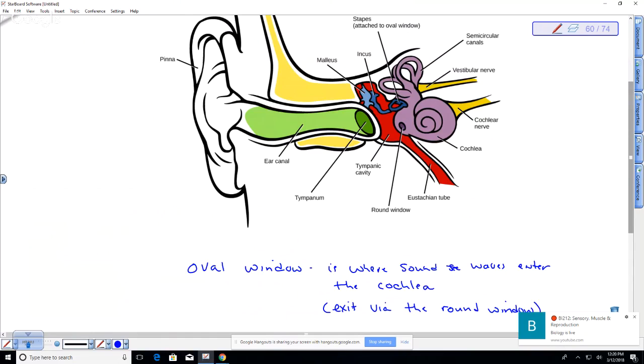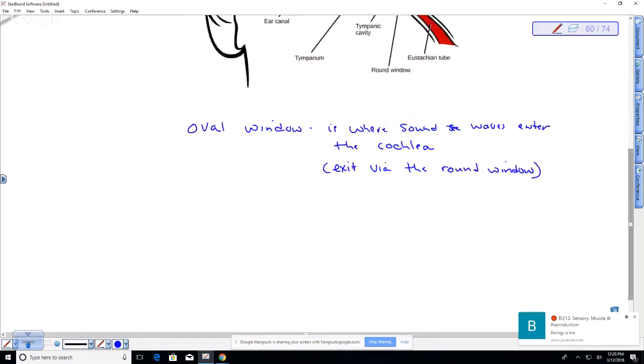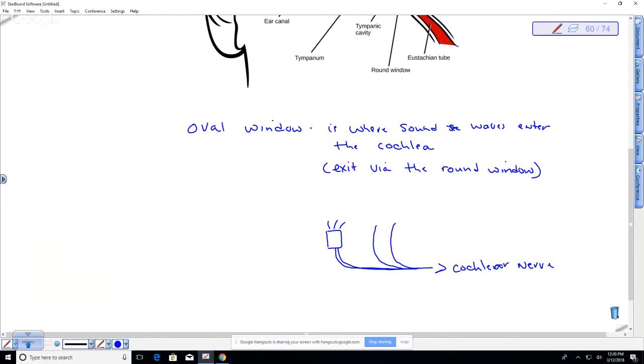So the sound waves, remember, have to stimulate the hair cells. So remember, the hair cells kind of look like this, and they're all connected. So multiple hair cells are all connected via the cochlear nerve. So this is just showing that there's more than one hair cell that sends information out via the cochlear nerve. And then the cochlear nerve transmits that information into the cerebral cortex.